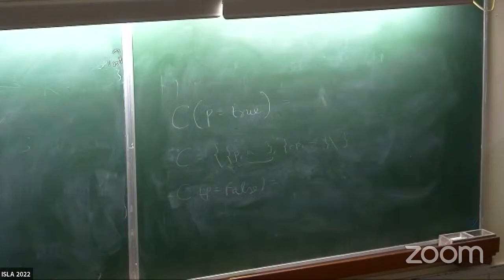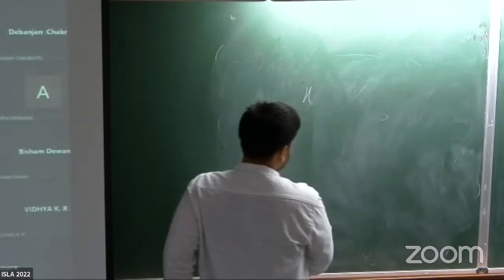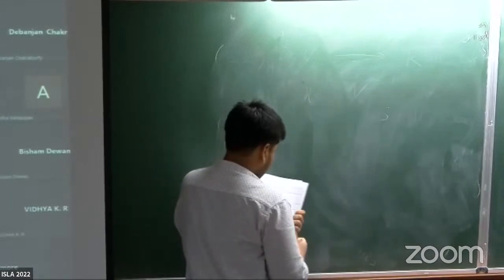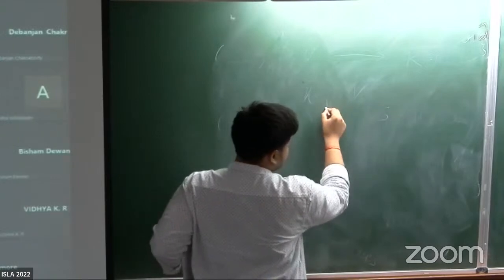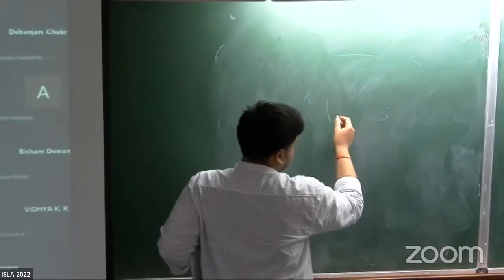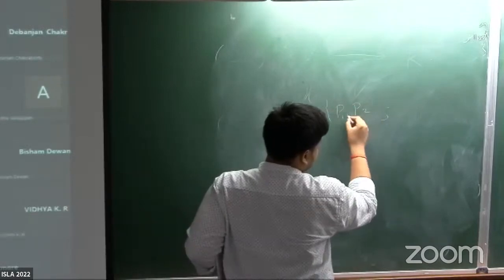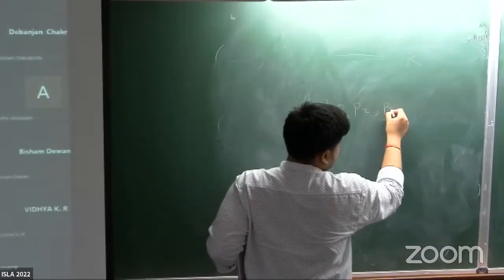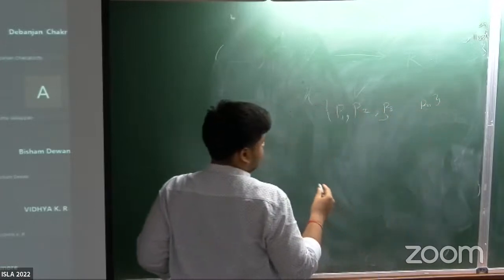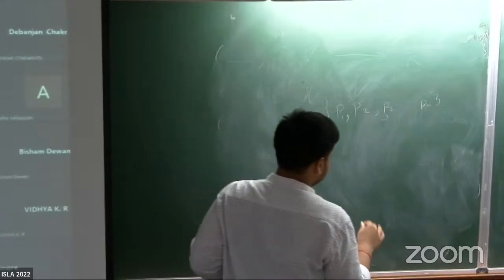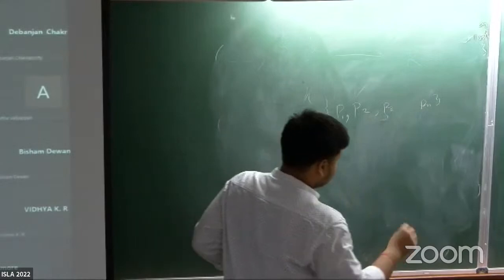Now to prove completeness, it will again be proved using induction, induction on the propositions, like these clauses. Let's assume we have some literals P1, P2, P3 up to Pn. First I'll state the completeness theorem, and I'll prove it using the contrapositive.